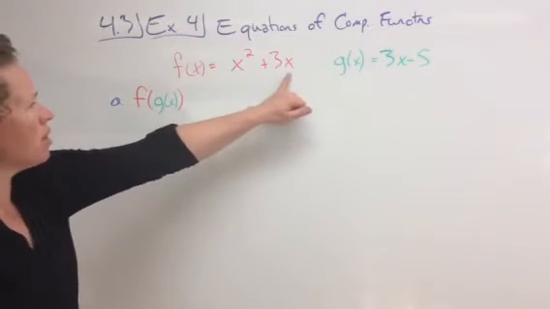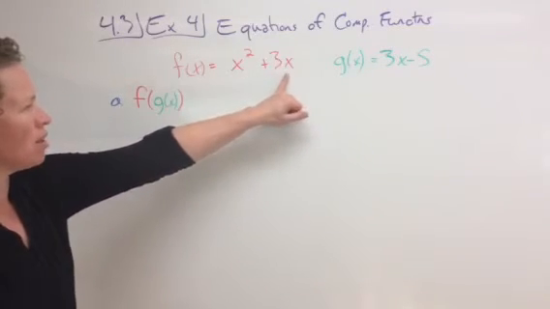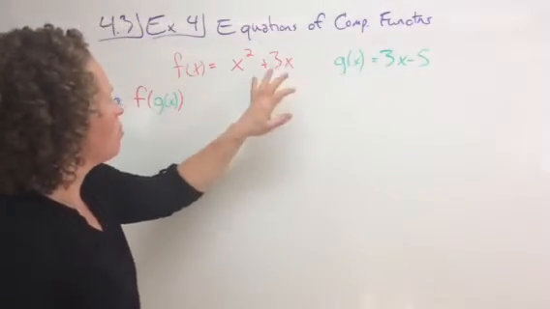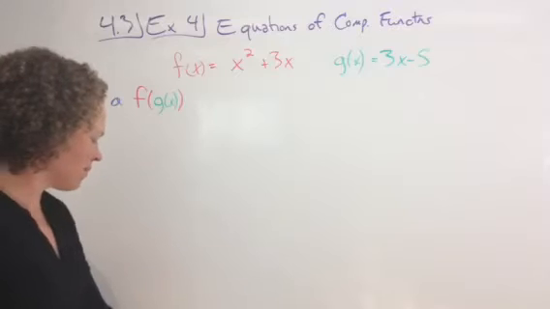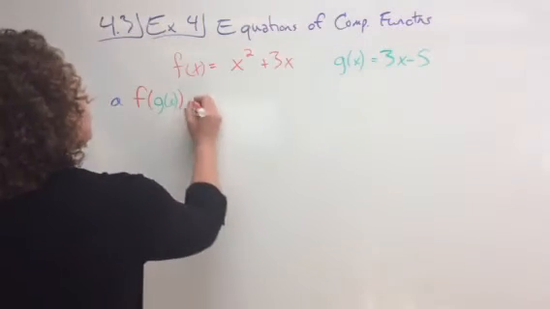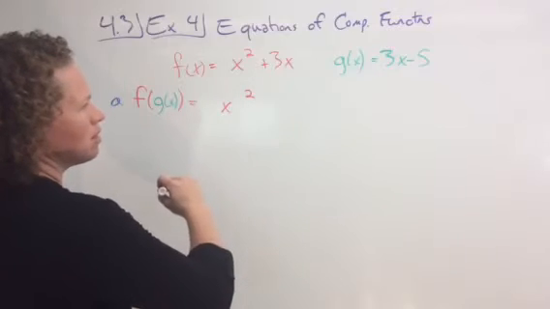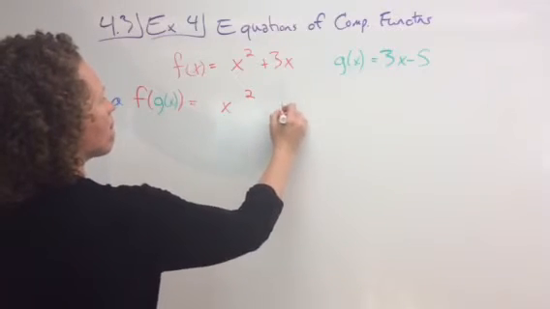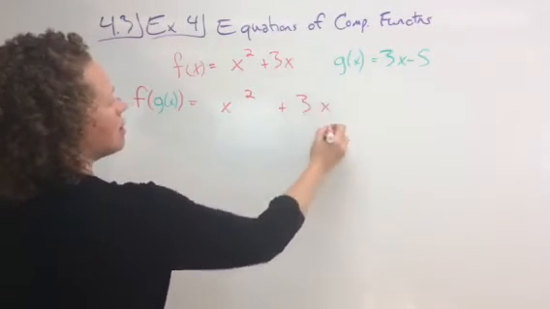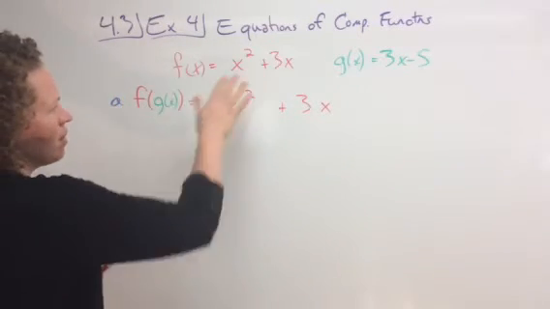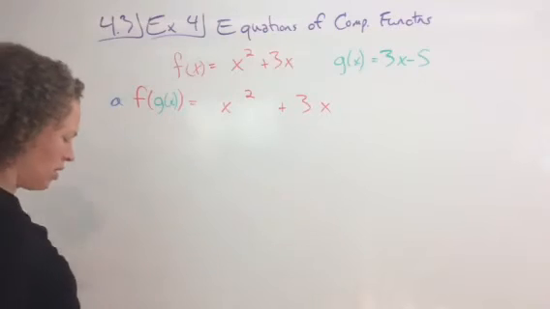Basically, this is going to be our skeleton equation, and we're going to put this in for every place that there's an x in this one. So I'll start out by writing out, I'm going to give myself lots of room, x squared plus 3x. That's our original function, our skeleton equation.